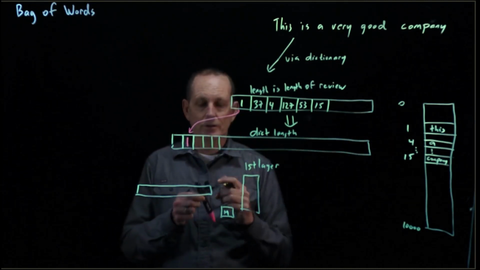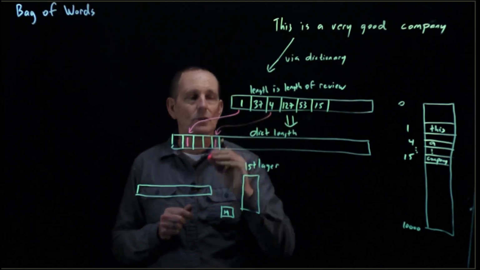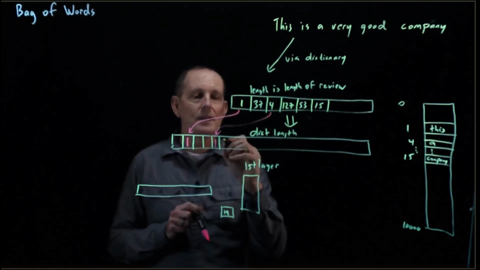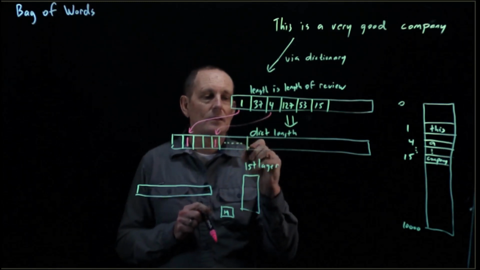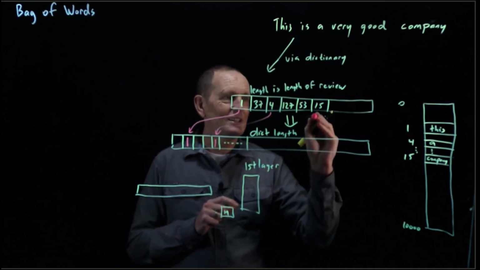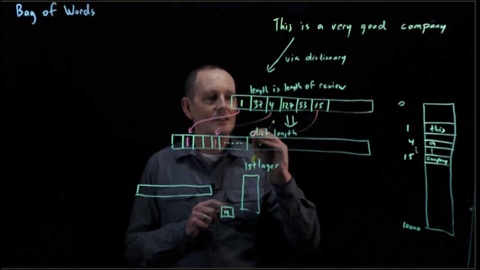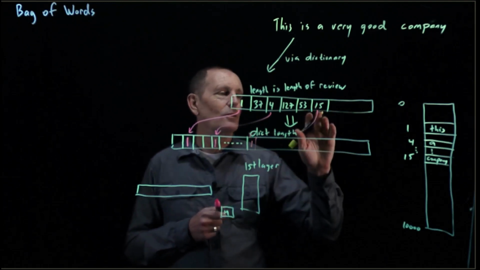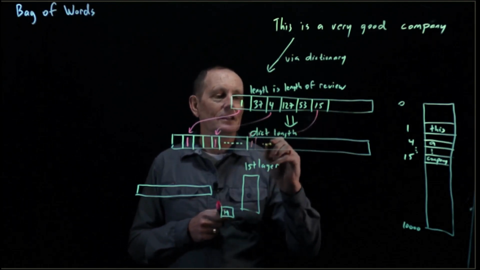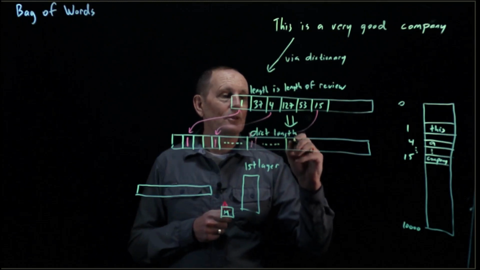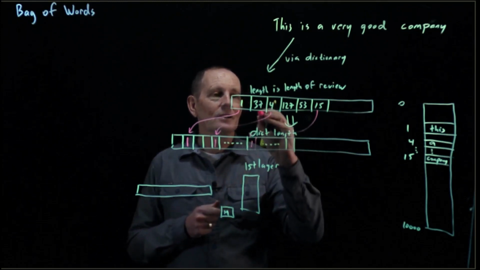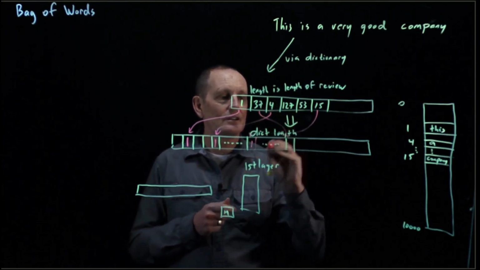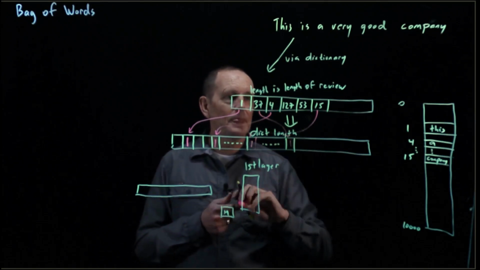At index 4, we have an A, so we'll put a 1 in there. And then we have some more zeros, and then we have a 1 for the word 15. And then we have some more zeros, and we're going to have a word 37 in here, and that'll be a 1.